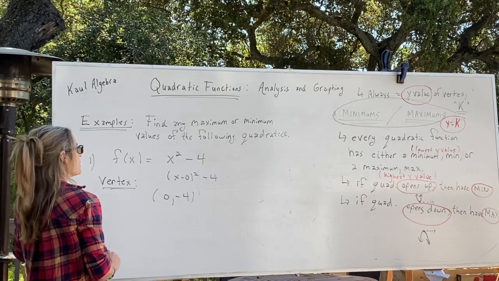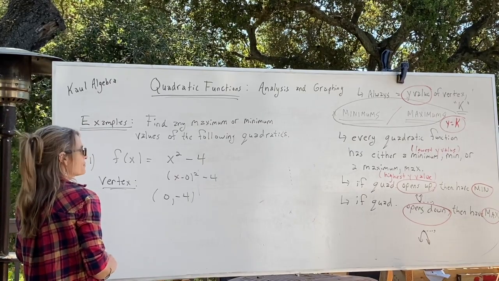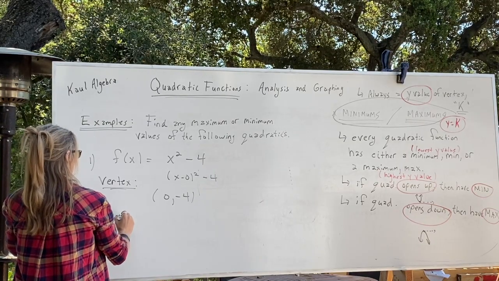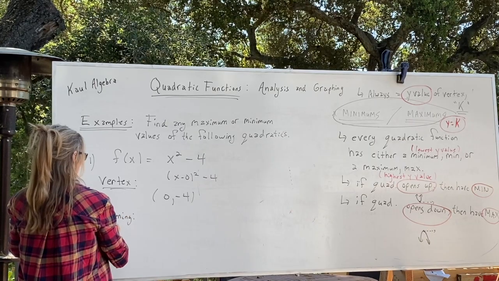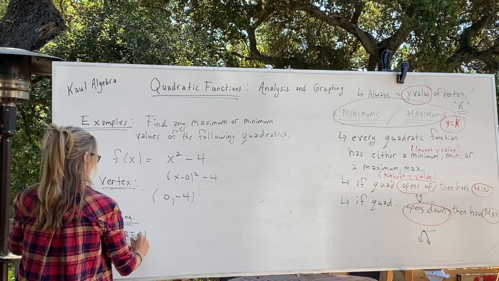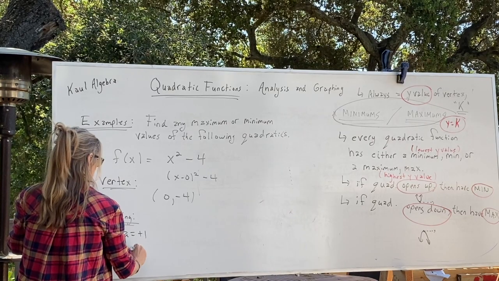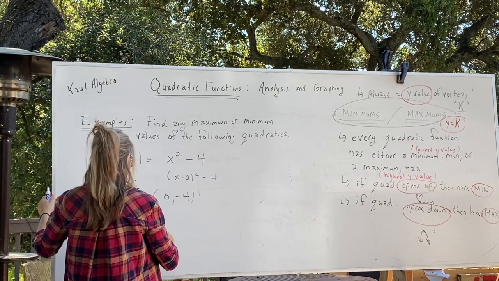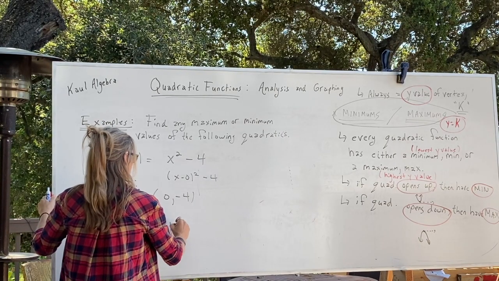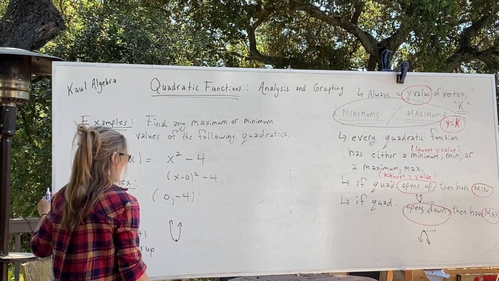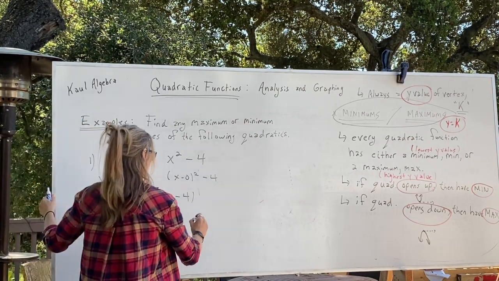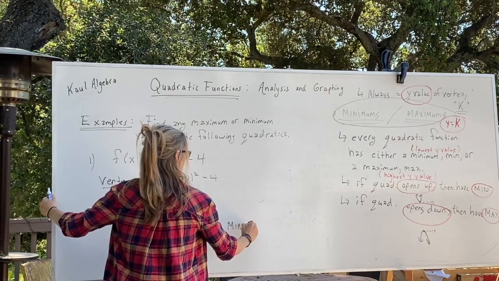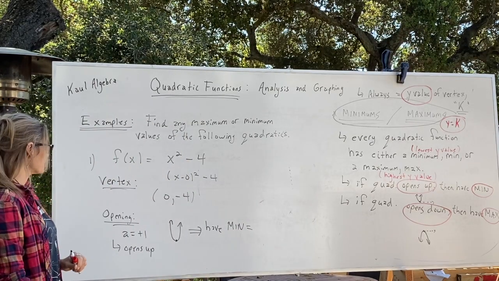Okay. So my minimum or maximum value will depend upon whether it opens up. What's the opening here? Well, a is equal to positive 1, so it opens up. It opens up, and if I think about this, I will have a minimum, which is equal to the y value of the vertex.